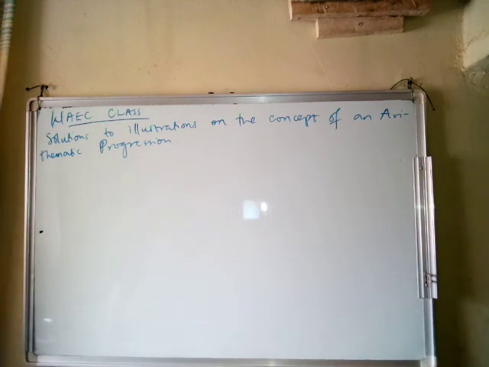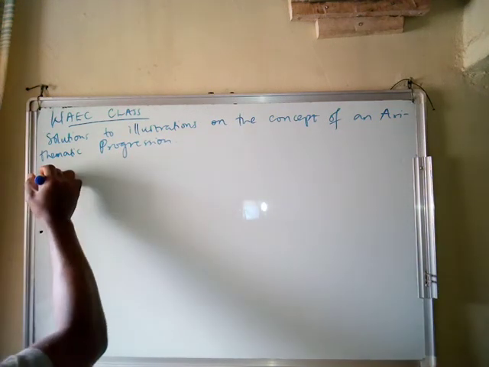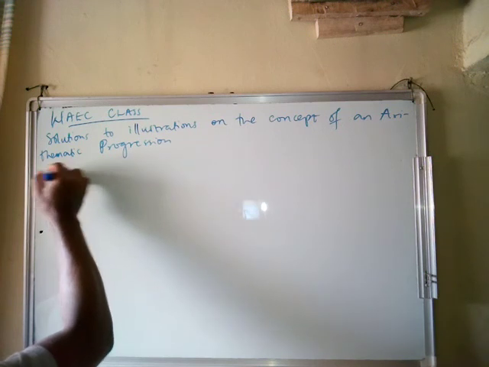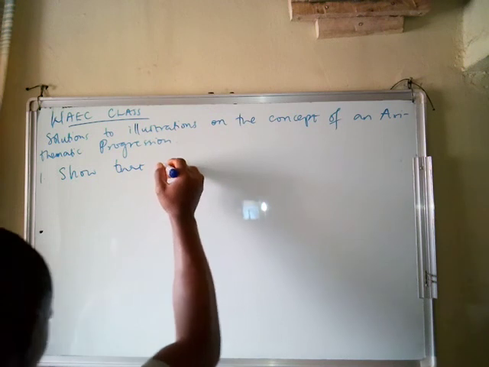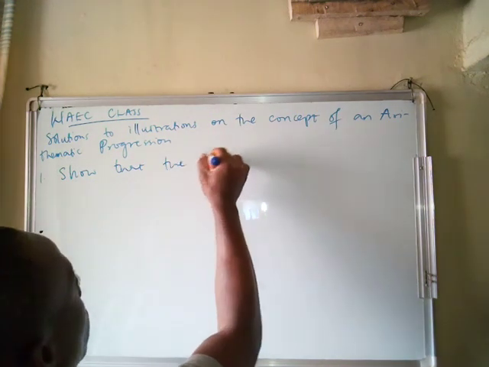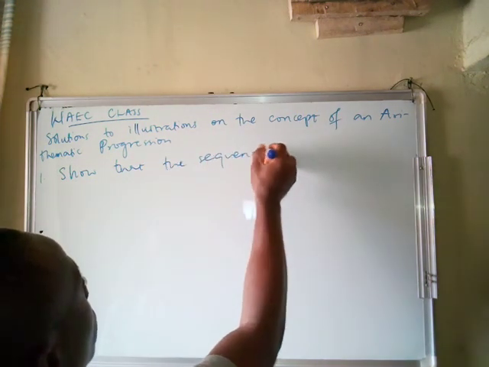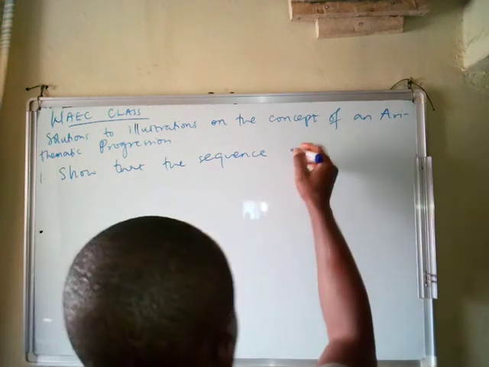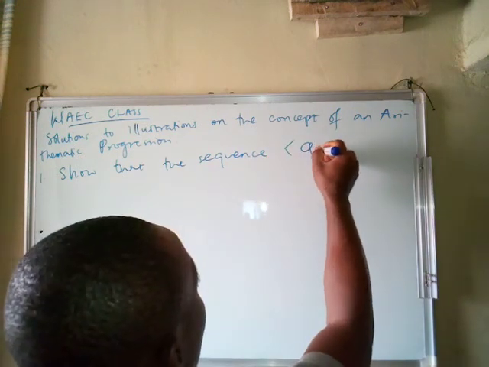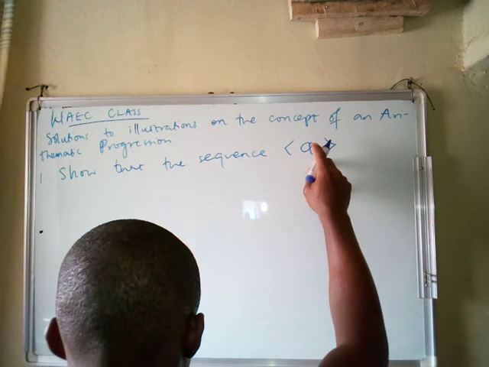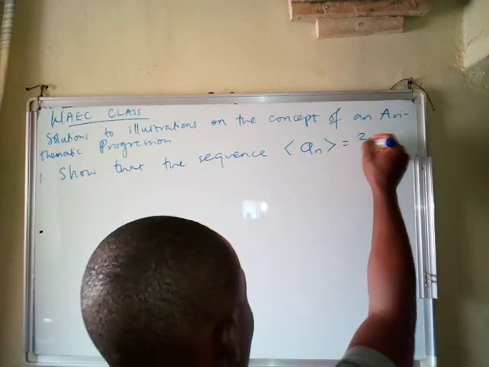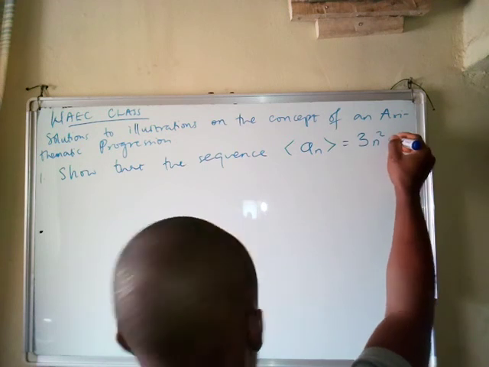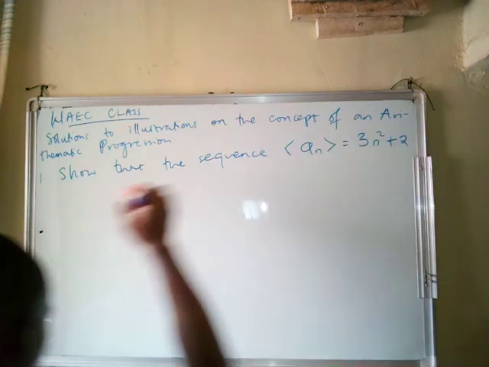And that question says, show that the sequence a_n is equal to 3n squared plus 2.